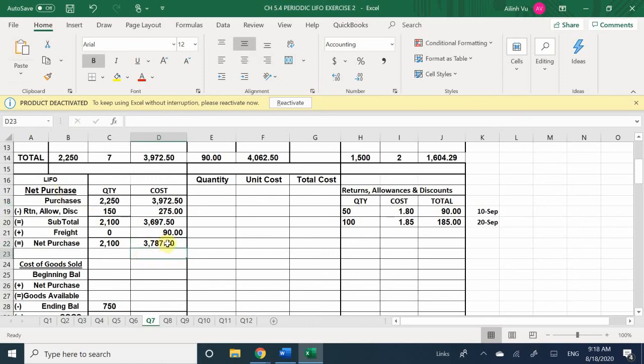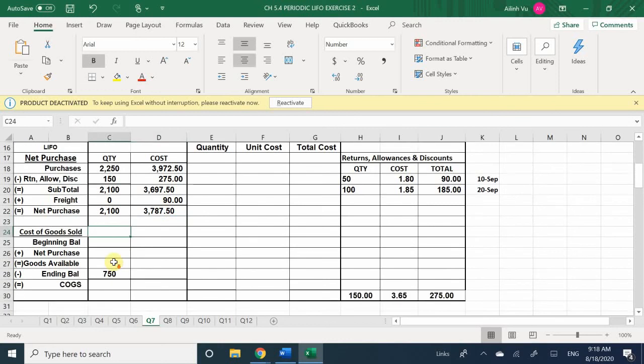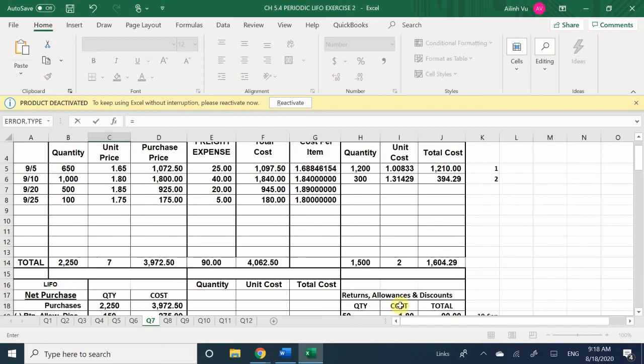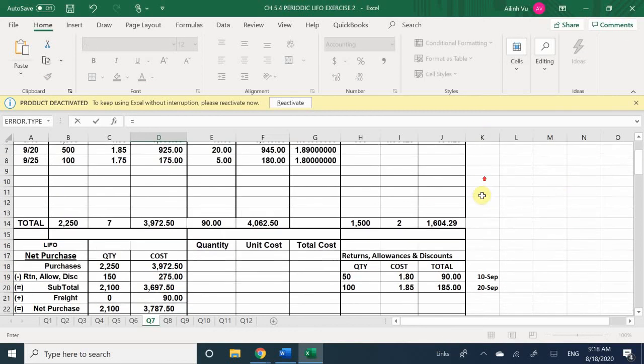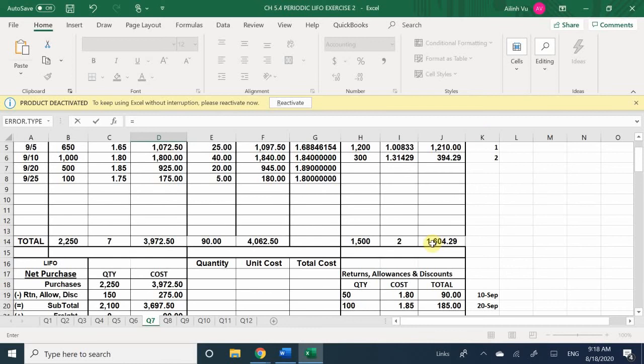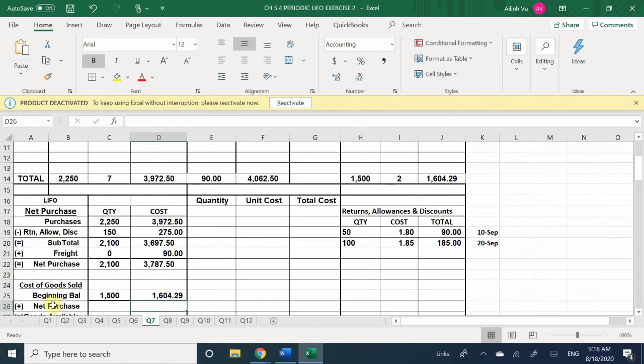That looks like one of the numbers we started off with. All right. So, do we have beginning inventory? Yes. For what amount? 1,500. And how much did that 1,500 cost us? 1,604.29. Good.